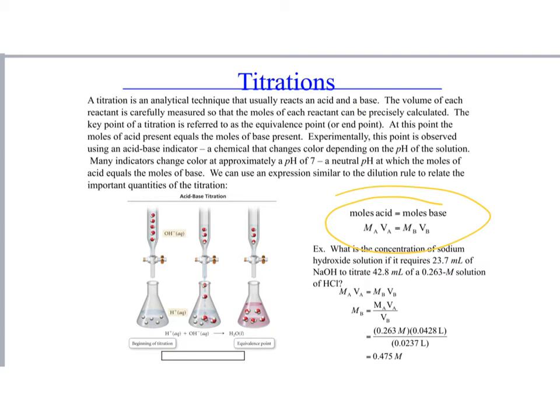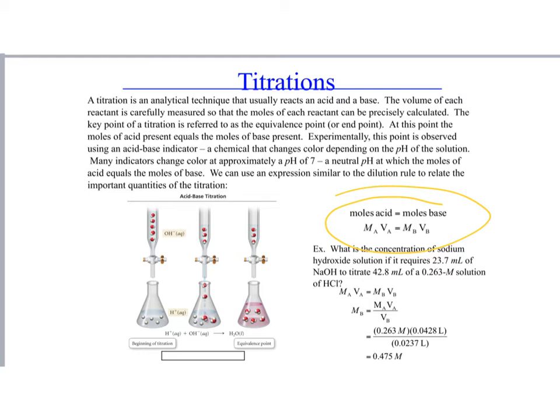If you ask the question, what's the concentration of sodium hydroxide, NaOH, if it requires 23.7 milliliters of NaOH to titrate 42.8 milliliters of 0.263 molar HCl?